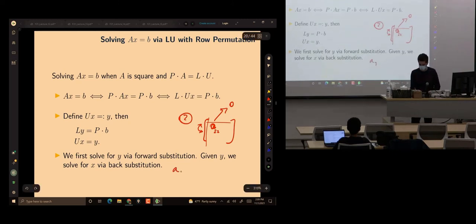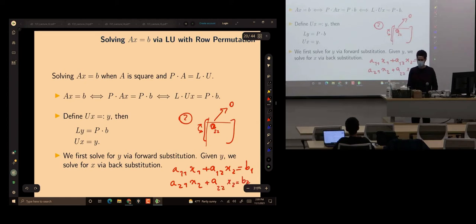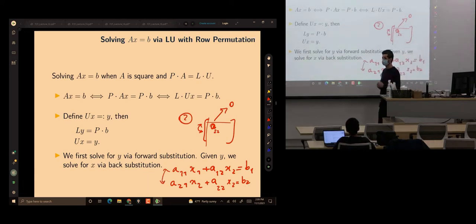When you have a11 x1 plus a12 x2 equals b1, and then you have a second line. Now, does it matter which line I write first? It doesn't matter, right? I could write the bottom line on top. That's not going to change anything.